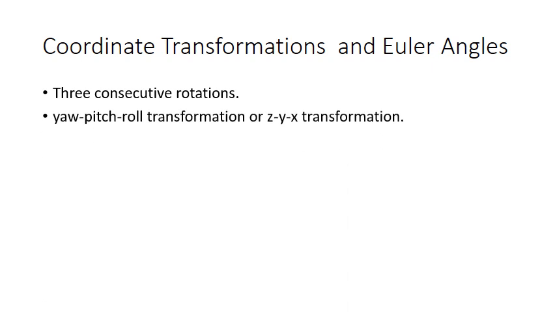Any attitude in general in the three-dimensional Cartesian space could be represented by at most 3 successive rotations. This is Euler's hypothesis. The most famous transformation is the yaw-pitch-roll transformation, or ZYX transformation, which starts with a rotation about the z-axis with the yaw angle psi.